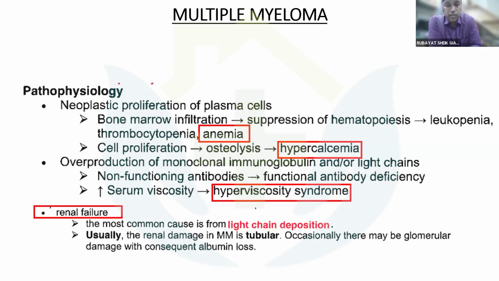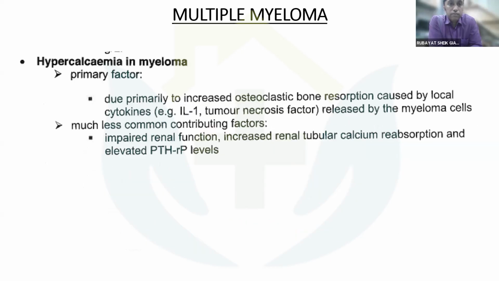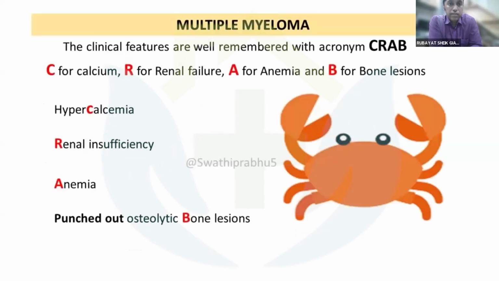And of course, renal failure due to the tubular damage, due to the high load of antibodies in the renal tubules, damaging the renal tubules and leading to renal failure. So this combination of symptoms almost always equals multiple myeloma. This is a very popular acronym for multiple myeloma features, CRAB.